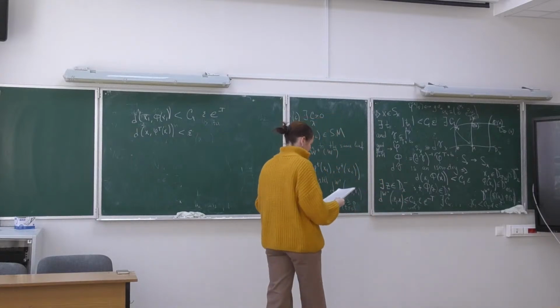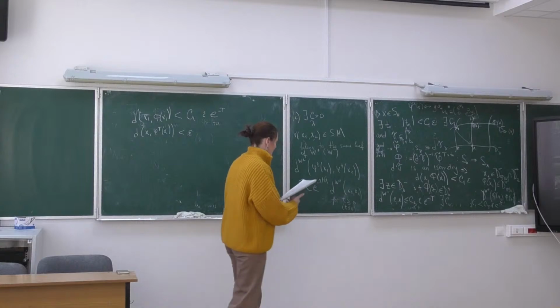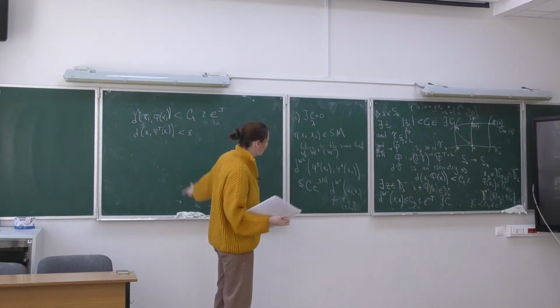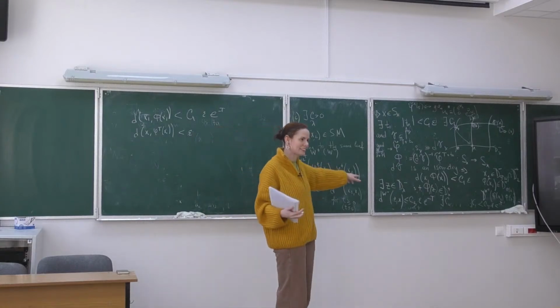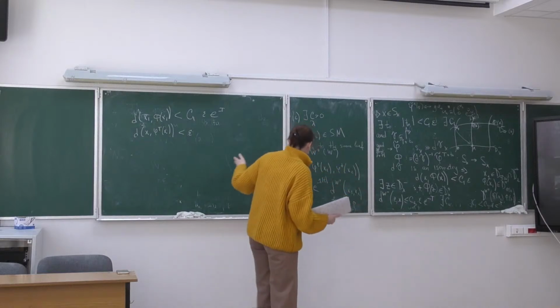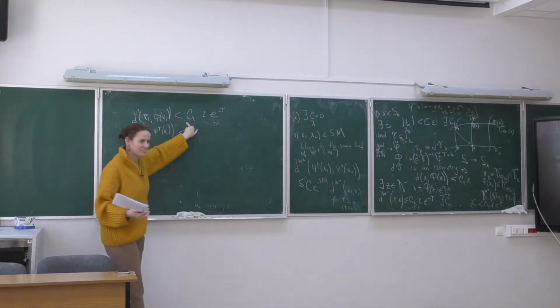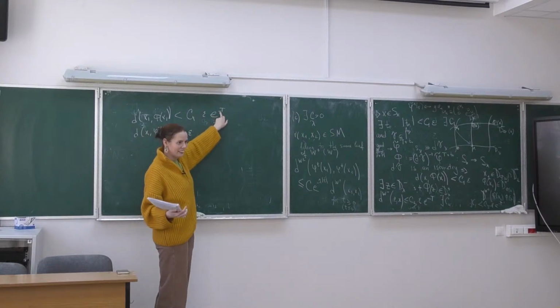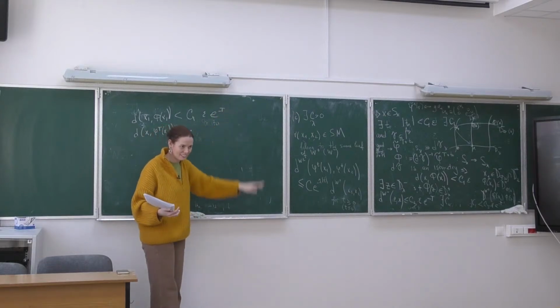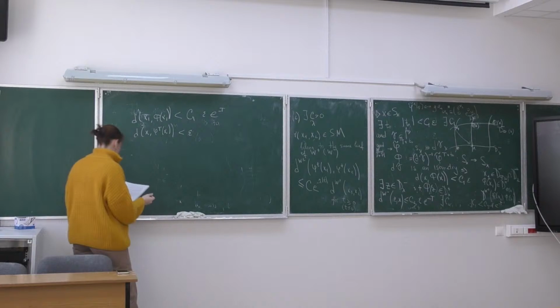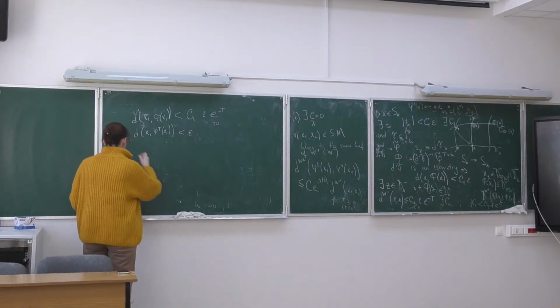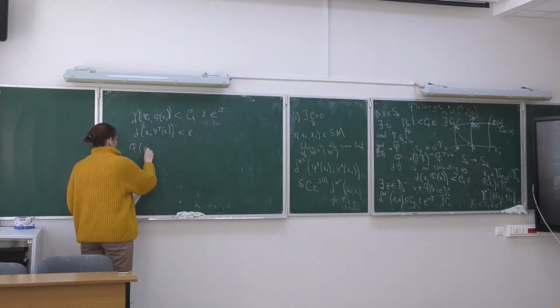So we did it for x1. Now we can continue and repeat the whole procedure for some point x2. And we get x2, and the distance becomes even smaller. We will have e to the power minus 2t, and so on. So we will have some iterative process, and we're going to find a fixed point.